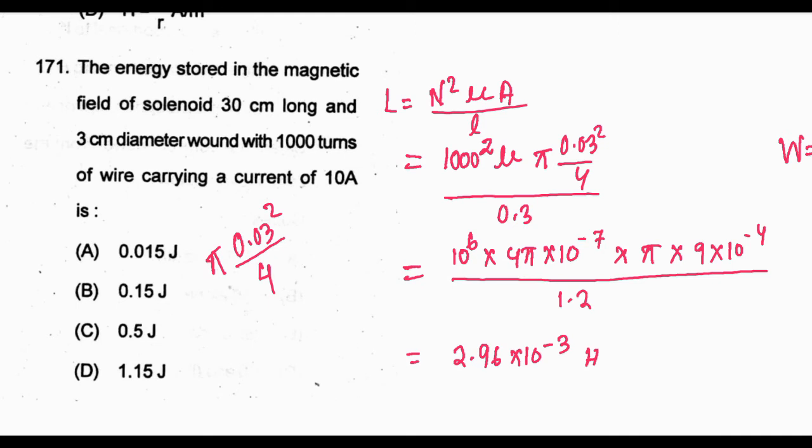N is the number of turns, 1000 square, into mu is 4 pi into 10 to the power minus 7, into A, the area, pi d square by 4, where d is 3 centimeter, converted to meter is 0.03 square by 4. The final value will be 2.96 into 10 to the power minus 3 Henry. This is the L value.